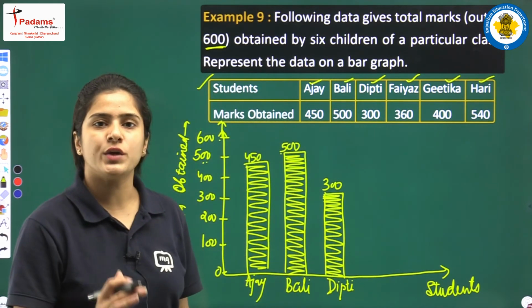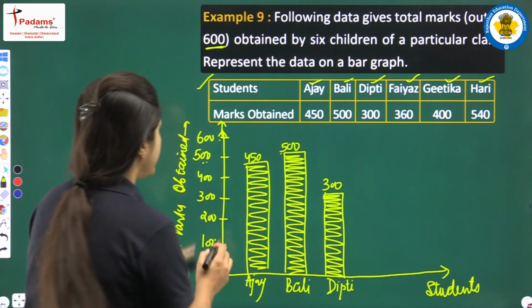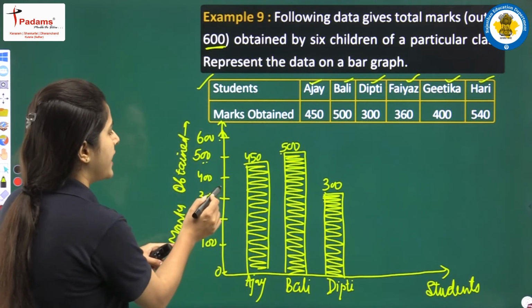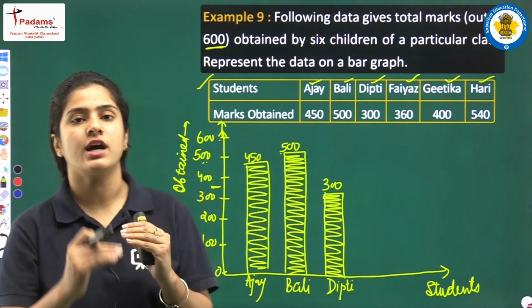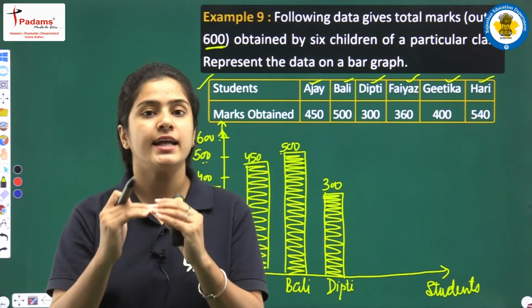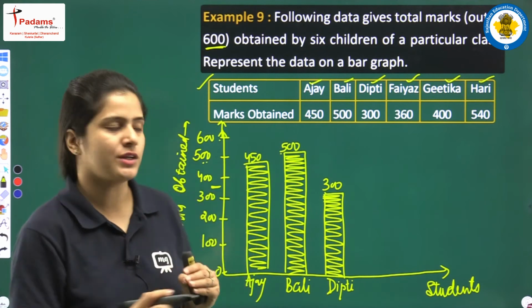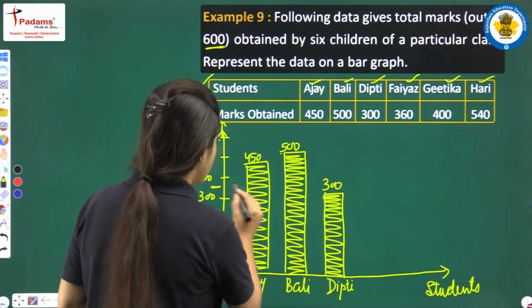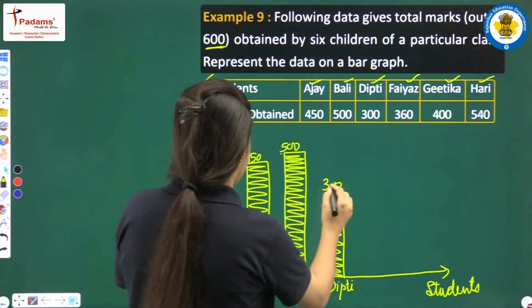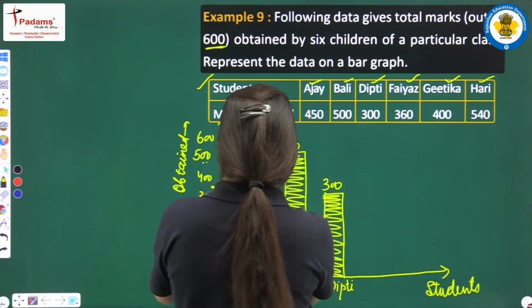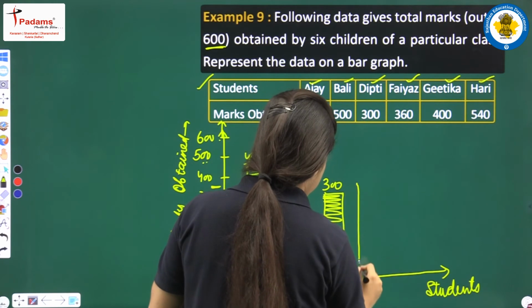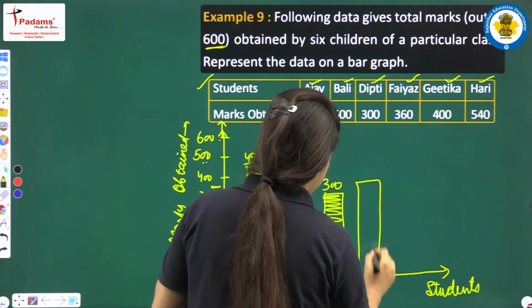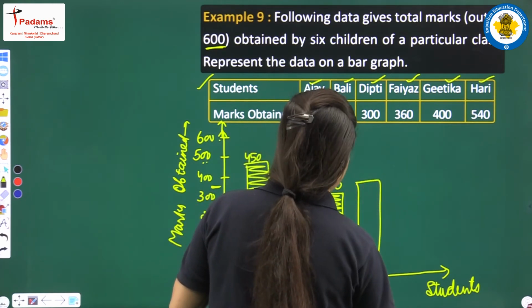Fayaz is getting 360 marks. 360 is lying somewhere above the middle point of 300 and 400, because the midpoint of 300 and 400 is 350 and 360 is more than 350. So it will be lying here, somewhere closer to this. Fayaz.